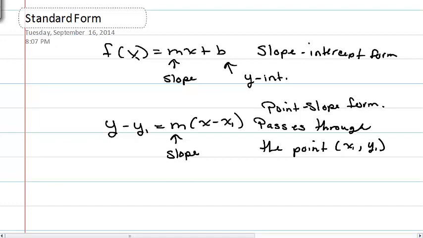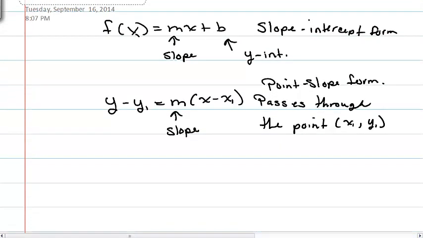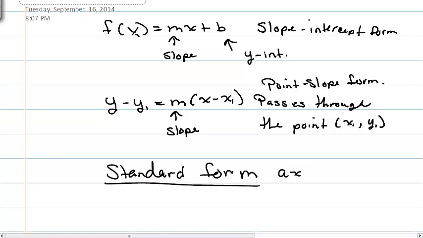Okay, so the next one that we wanted to talk about was standard form. And standard form is ax plus by equals c, where a, b, and c are integers.